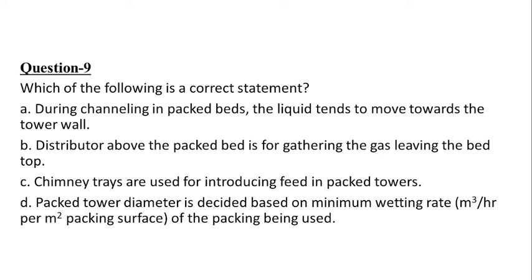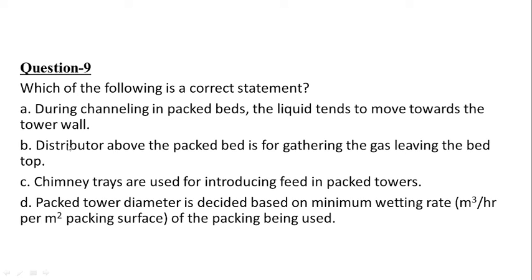Option C, chimney trays are used for introducing feed in packed towers. Option D, packed tower diameter is decided based on minimum wetting rate, meter cube per hour per meter square packing surface of packing being used. So we are asked to find which one is the correct statement.